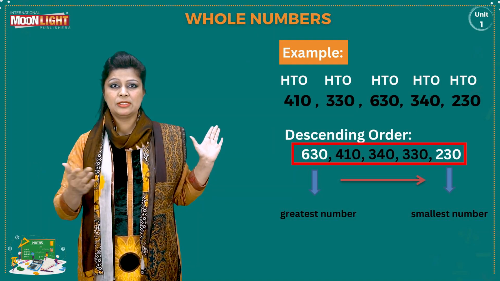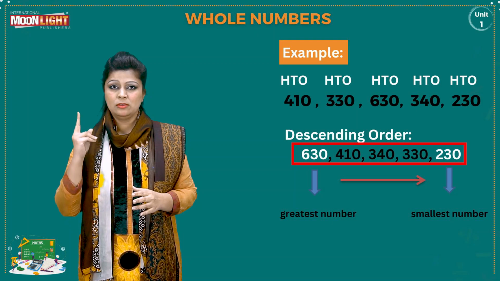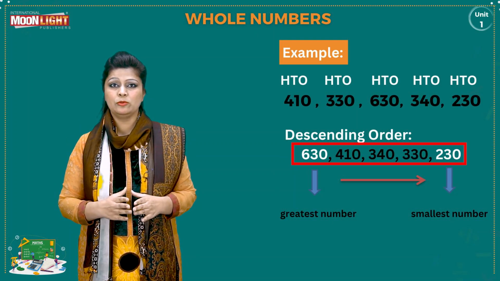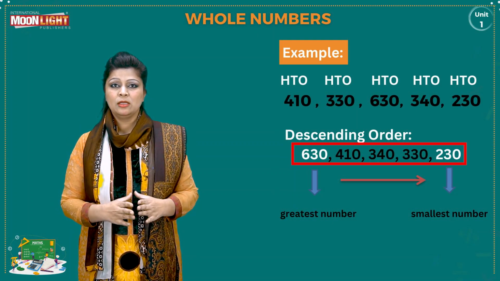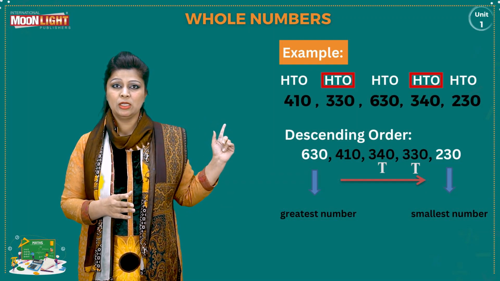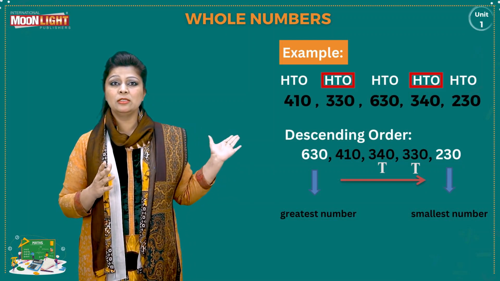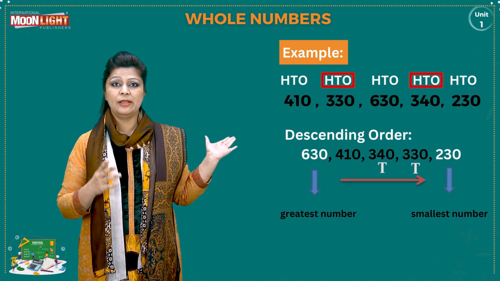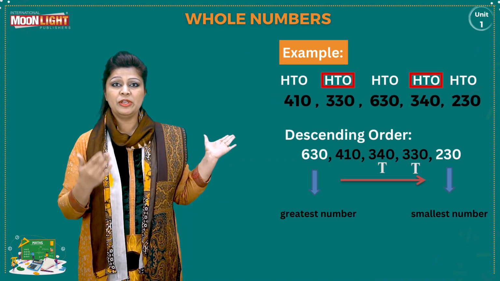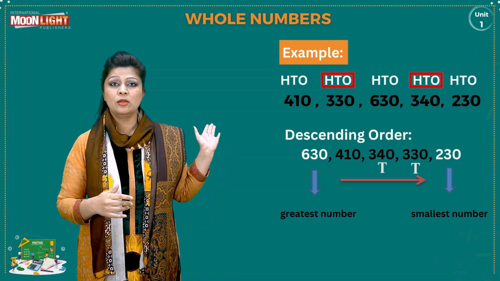We need to decide between these two because here the 100 place is the same, so we are going to check the tens place. The tens place over here is 3 and 4. So, we are going to take the larger number by comparing these two numbers. We are going to write the number 340 after 410.